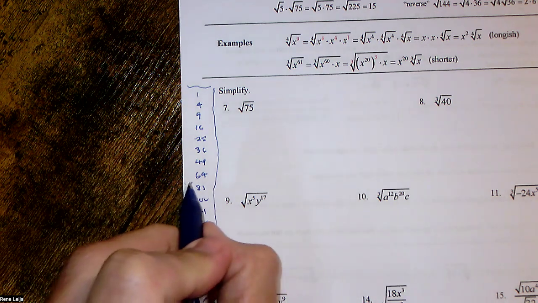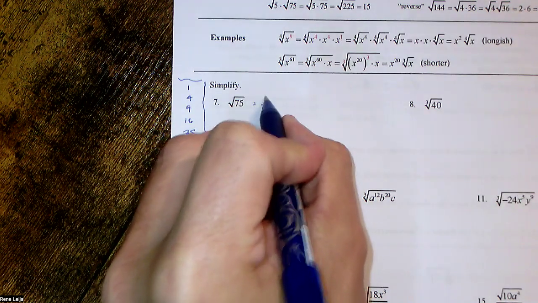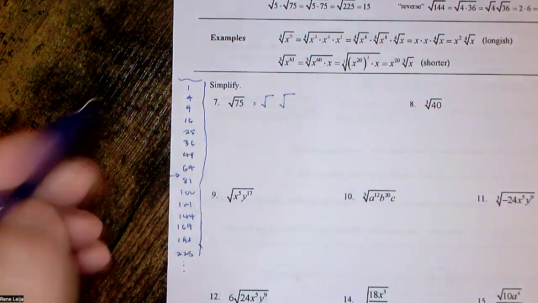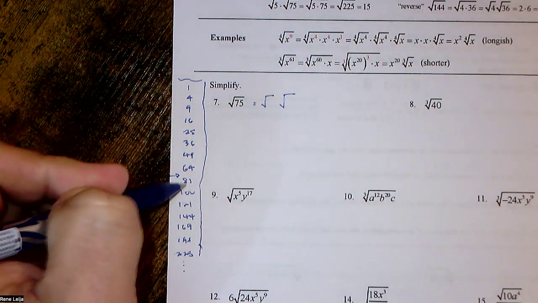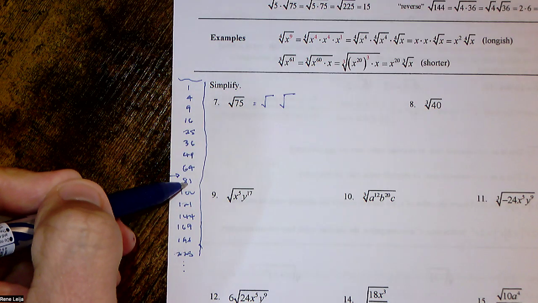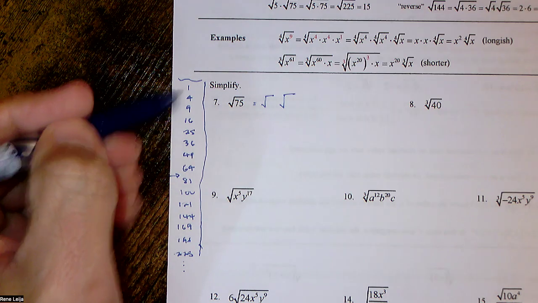So what we want to do is start dividing. I don't want to go down and divide because you can't divide 75 by 81 or 100. So we're going to go up.